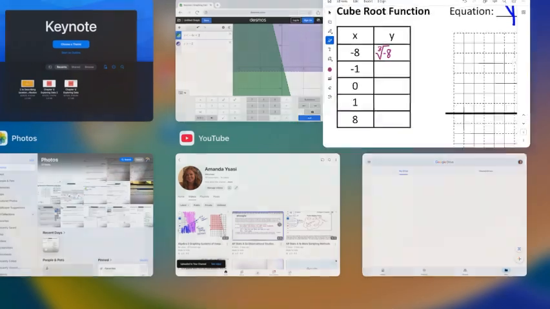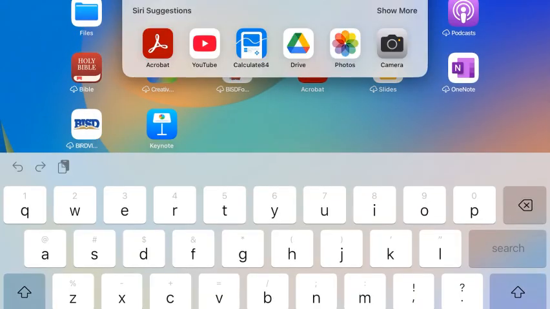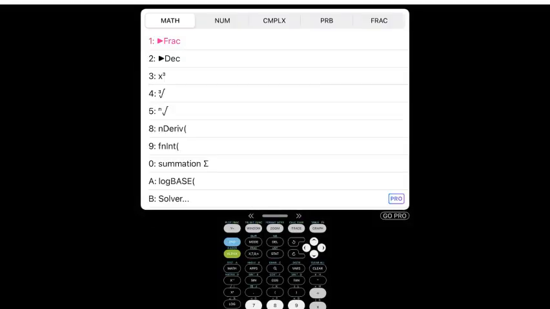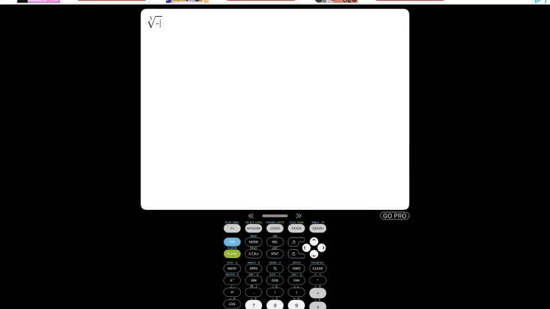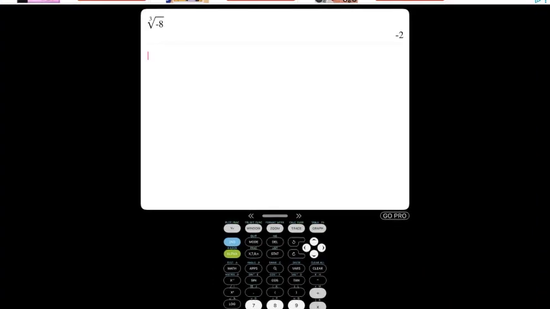And we can put that in the calculator. Do y'all know how to put that in the calculator? Let me pull it up and see if I can find my calculate. I think it's under math. If you go to math, you go to number 4. See if it's the same on your calculator. Yes. Okay, cool. And then put in -8. Yeah, -2.